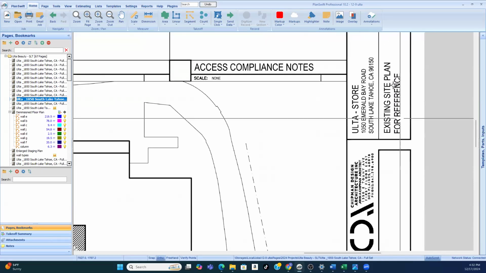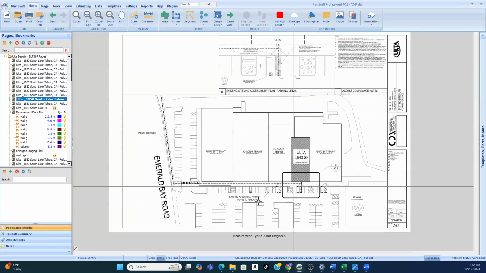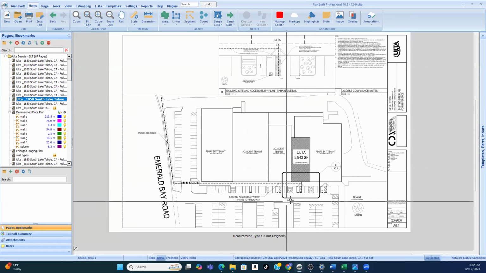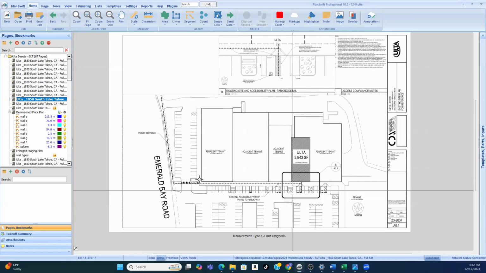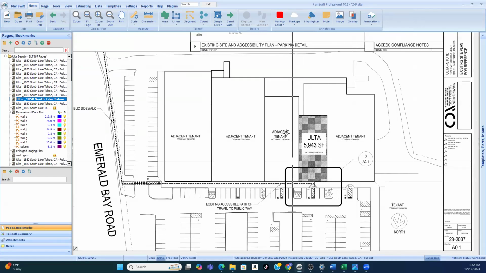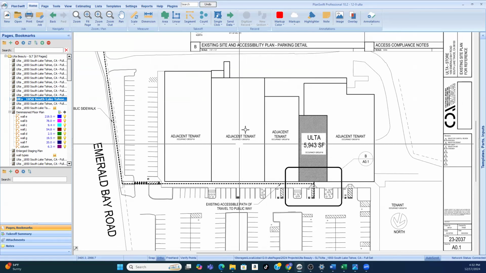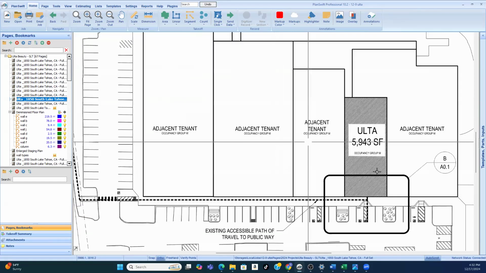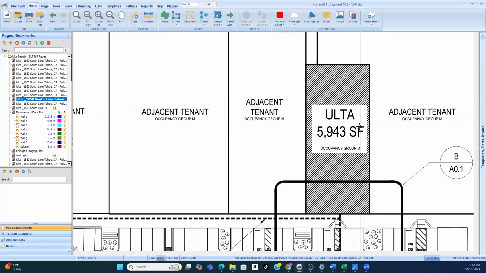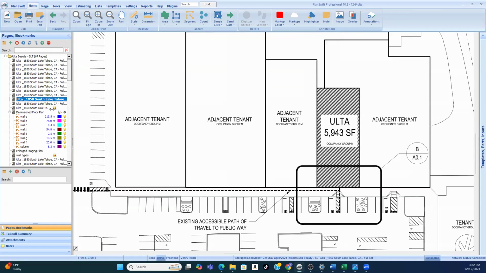Yeah, existing site plan for reference only. So when you have to actually travel to the site, it's in between this one and this one, but they don't really tell you what they are. But we know that our footprint for the building is 5,943 square feet. So that's helpful, and that's about all that does.